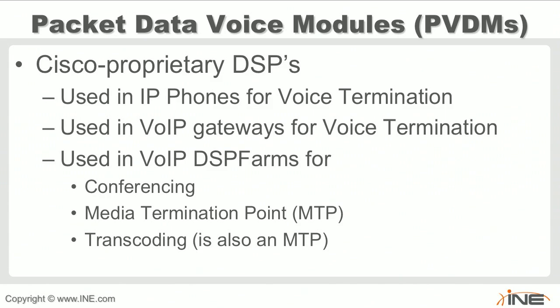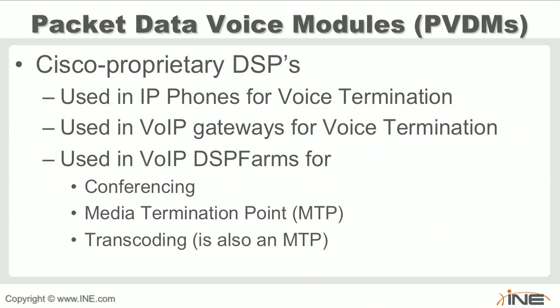It's also used in VoIP gateways for voice termination. So if I've got a voice gateway, a gateway that goes in between the IP, voice over IP world, and the older public switched telephone network, or PSTN. So this is where I might have some of these various analog or digital circuits that we've been talking about.